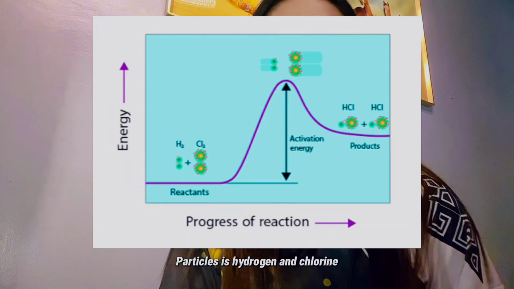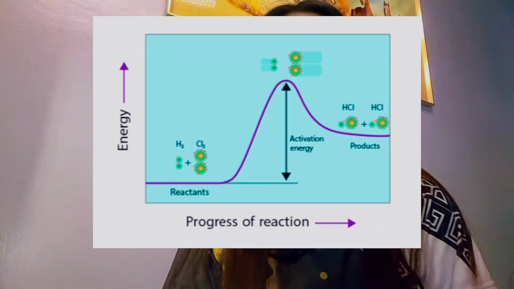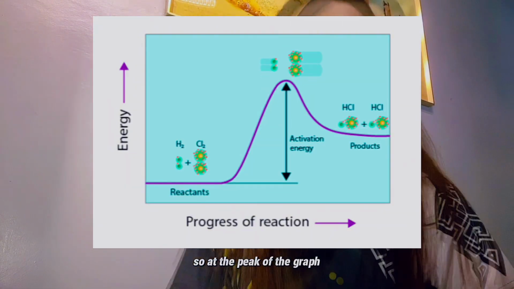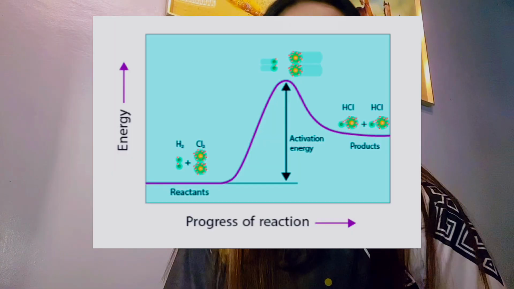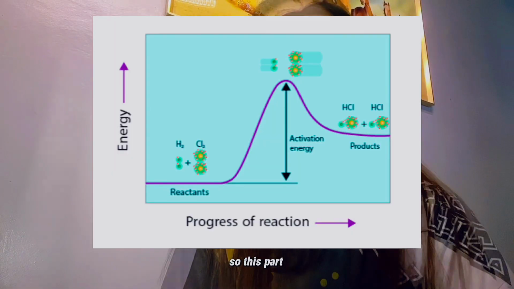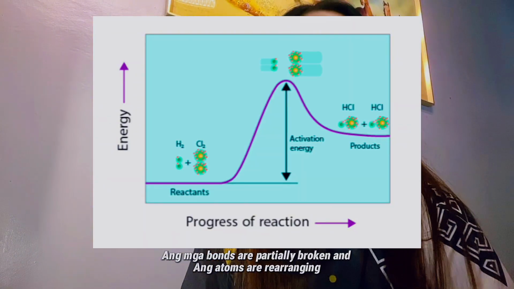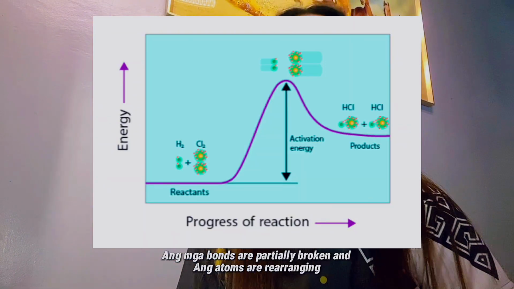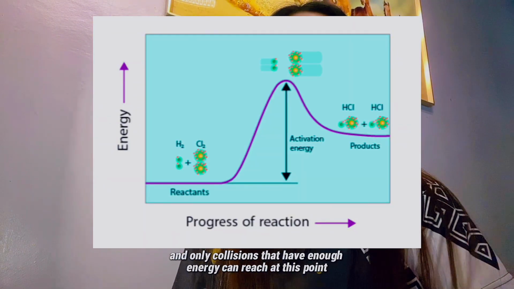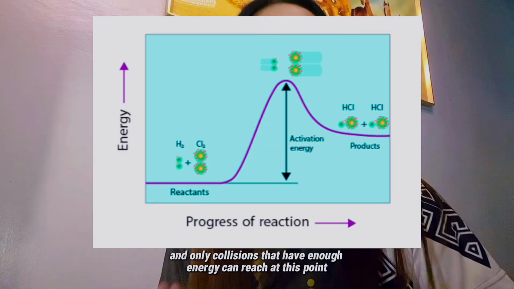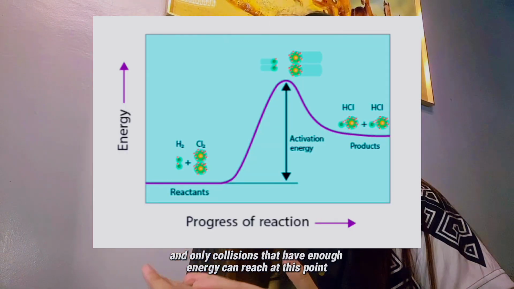The particles are hydrogen and chlorine. So at the peak of the graph, this part is the transition state. So in this part, the bonds are partially broken and the atoms are rearranging, and only collisions that have enough energy can reach this point.